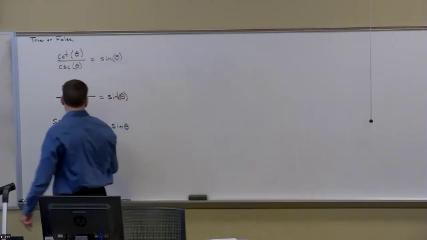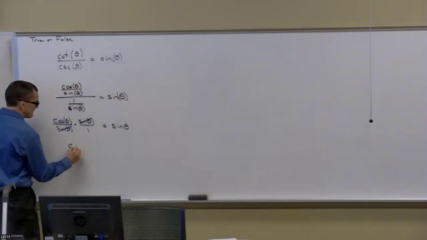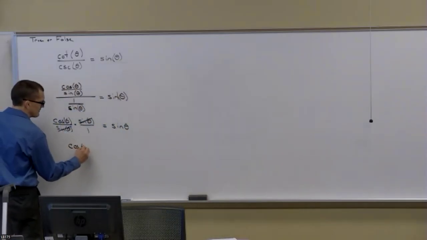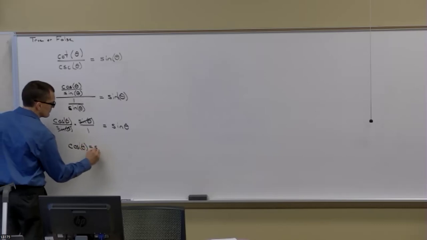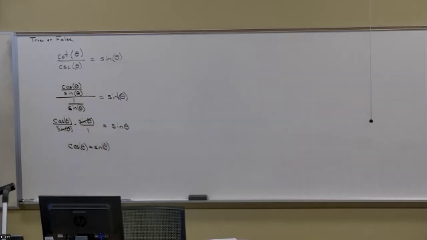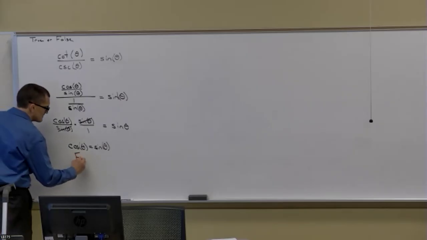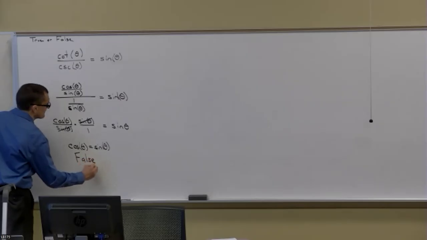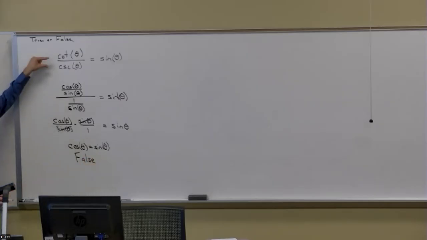In this case, we're left with a statement which says cosine of theta is equal to sine of theta, for arbitrary values of theta. That's obviously false. Cosine and sine are not the same function. And therefore, we can say that since this is false, my original statement would have also had to have been false.